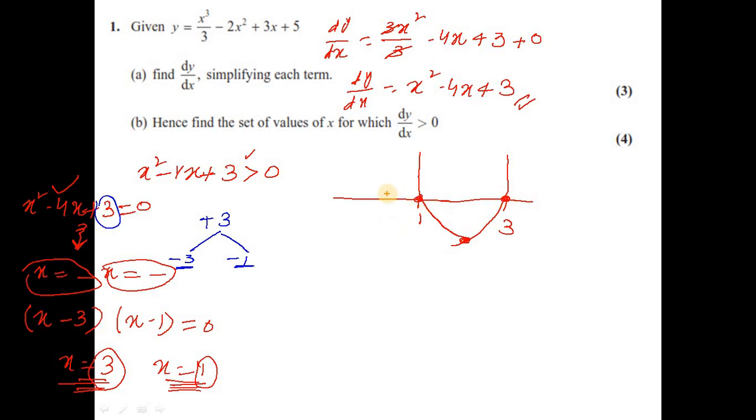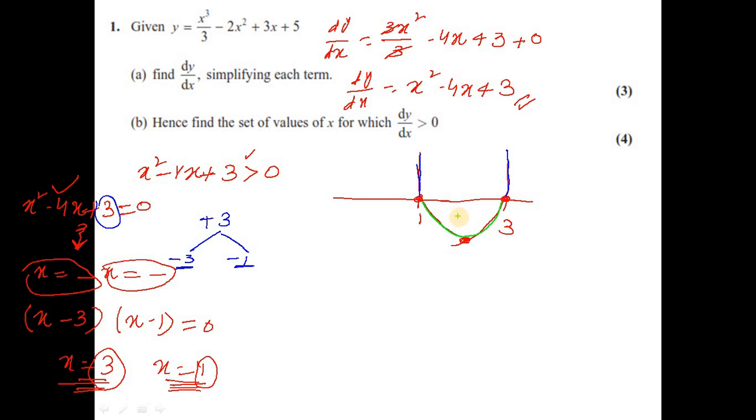So this part of the curve is showing positive values and also this part is showing positive values, while this part is showing negative values.